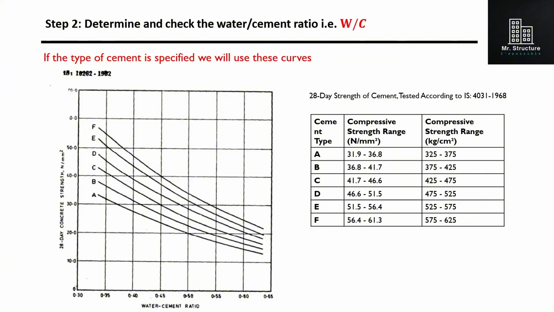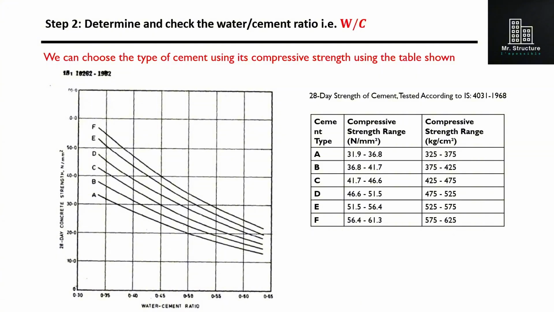However, if the type of cement is specified, we will use these curves. Sometimes the question may not directly mention the type of cement, but instead give the compressive strength of cement. In that case, we can choose the type of cement using its compressive strength with the table shown.